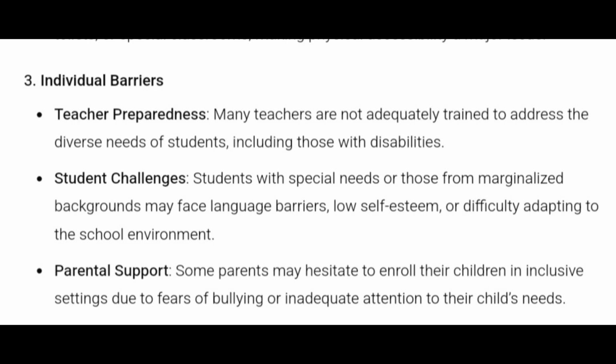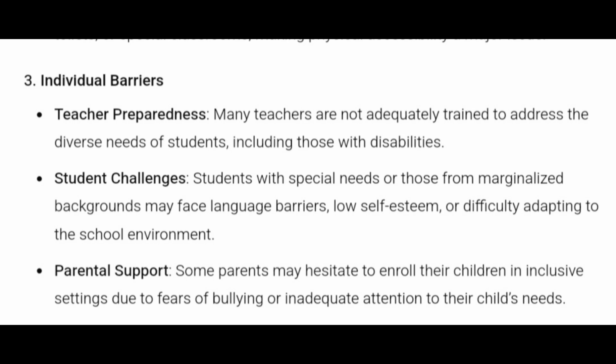Or they might have difficulty adapting to the school environment because the environment is very new to that person with that disability, whatever he or she might be having, right? So it becomes a challenge for them to accept what is outside and what is inside of them, and to make the events outside and inside directly proportional to one another, right?